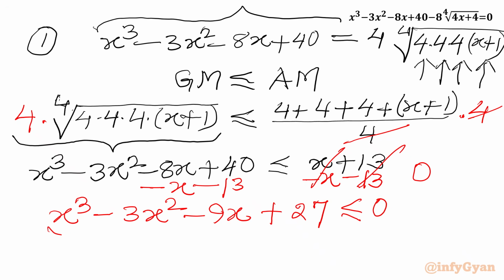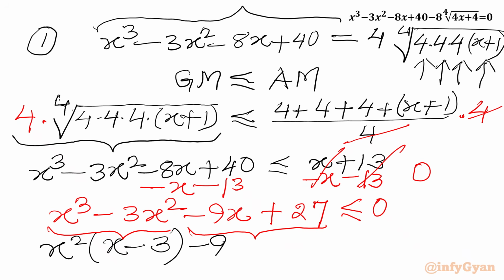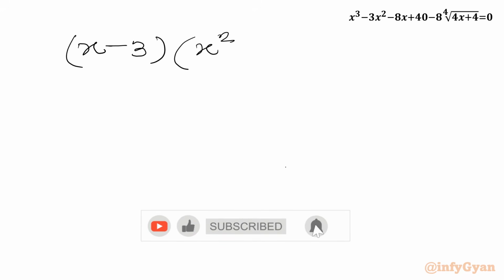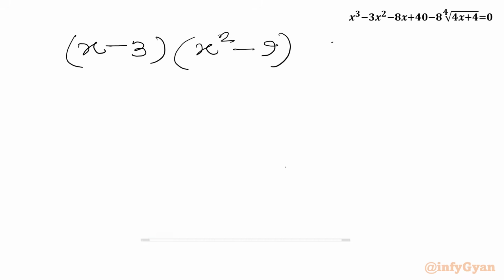Now we will factorize this cubic expression. x square is common from the first two terms, and minus 9 is common from the next two. Once I take x square common, I get x minus 3 in the bracket. And if I take minus 9 common from the next two terms, I can write x minus 3 once again, less than or equal to 0. Now x minus 3 is overall common. In the other bracket, we will write x square minus 9, less than or equal to 0.